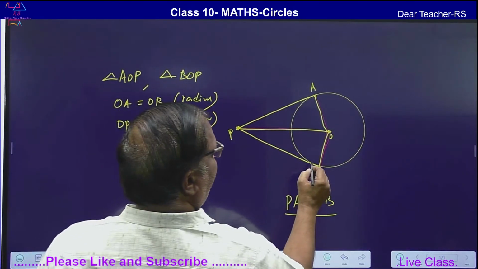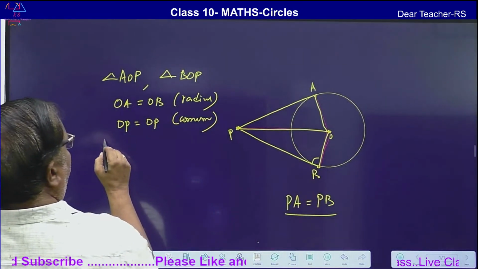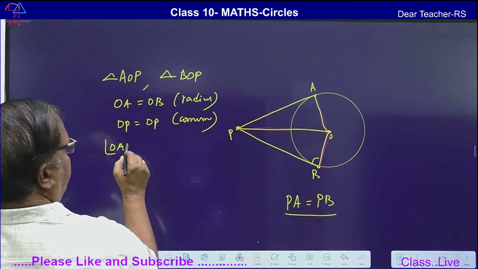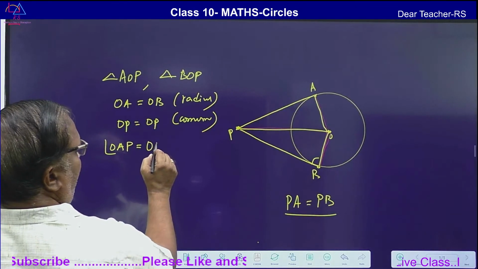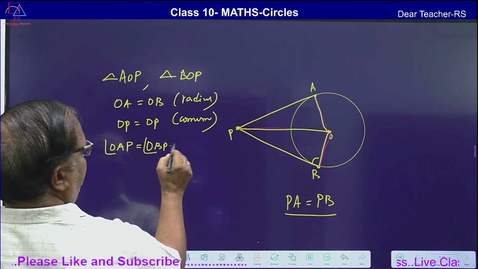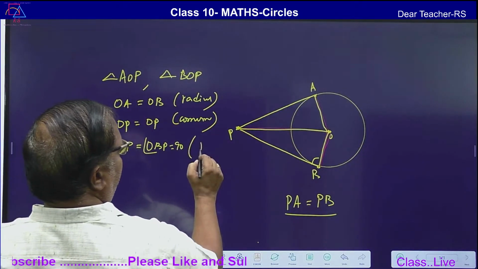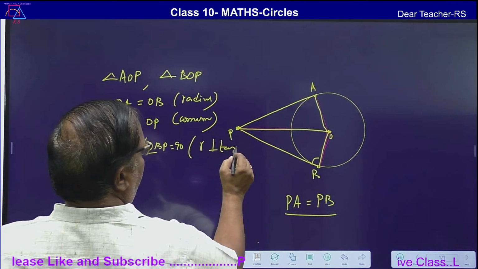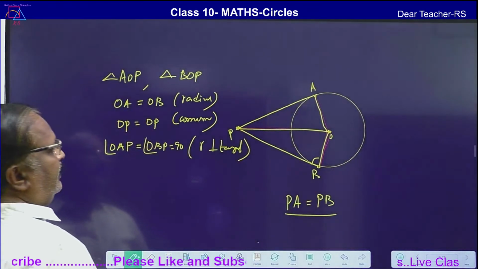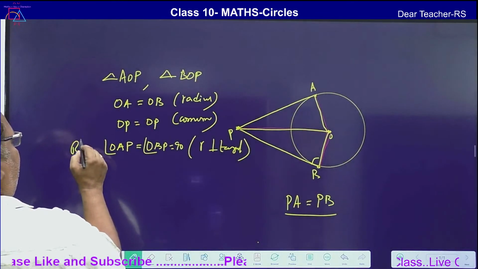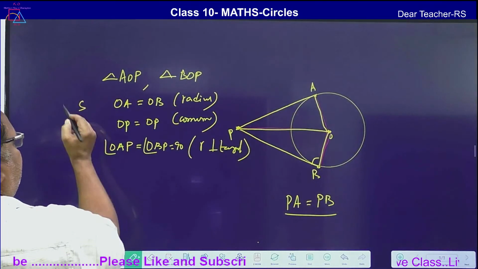And this angle is 90 degrees. So angle OAP is equal to angle OBP is equal to 90 degrees, because the radius is perpendicular to the tangent. So this is the right angle, this is the hypotenuse, and this is a side.